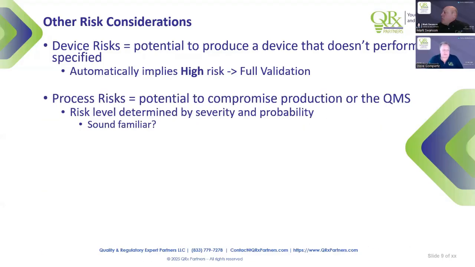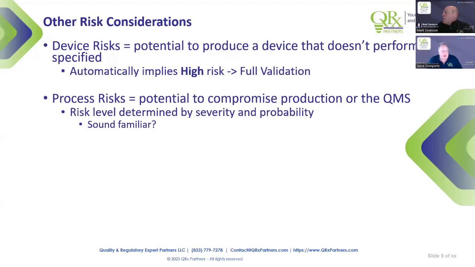The other side is just process risks. So what's the risk to the process? Could it stop production? Could it slow down production? Could we lose some data inadvertently? And all of those have different risk levels. So when you're looking at the process risks, you've got everything from no risk to low risk to high risk.